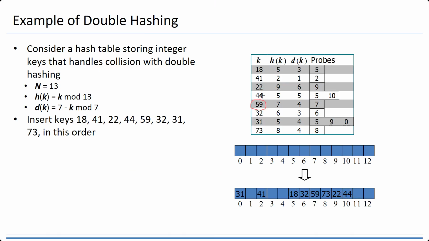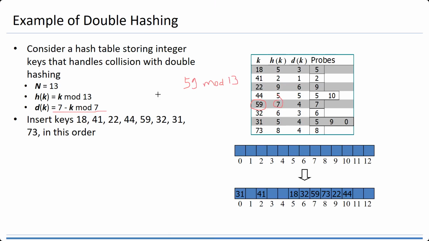Next, we have 59. 59 mod 13 is 7. Okay, we put 7 here.